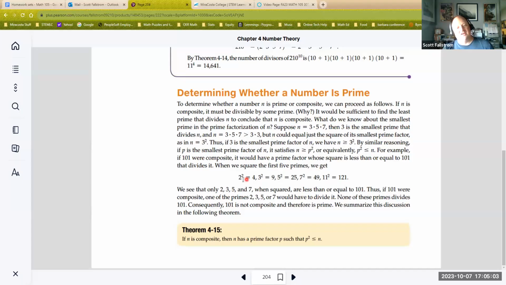So I need to check for factor pairs with the prime numbers up to that value. And that's what Theorem 4.15 says: if n is composite, it must have a prime factor p such that p squared is less than or equal to n. It's less than almost all the time, unless n turns out to be a perfect square, in which case it would be equal.